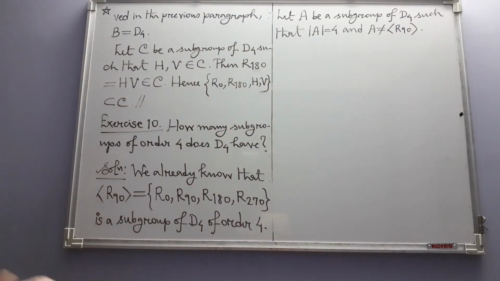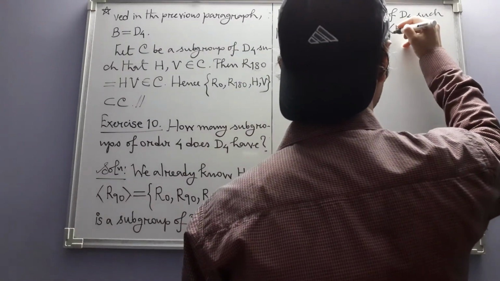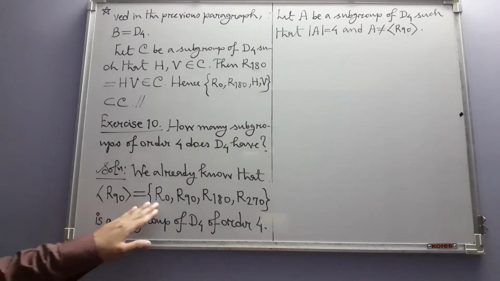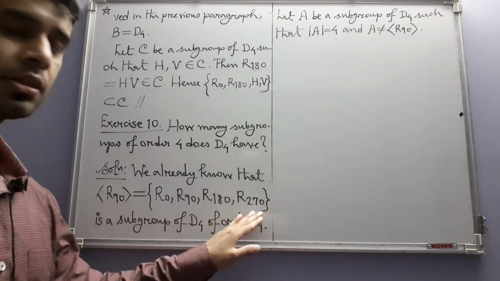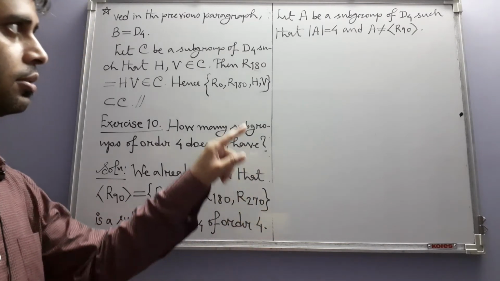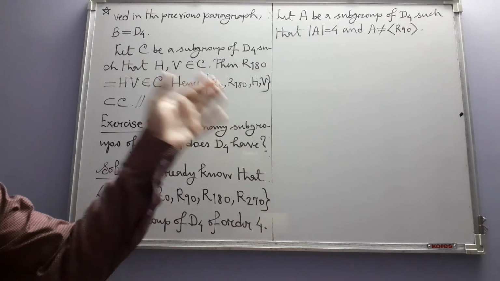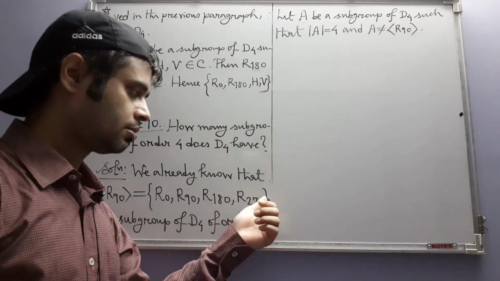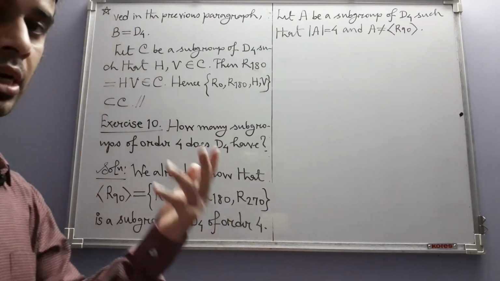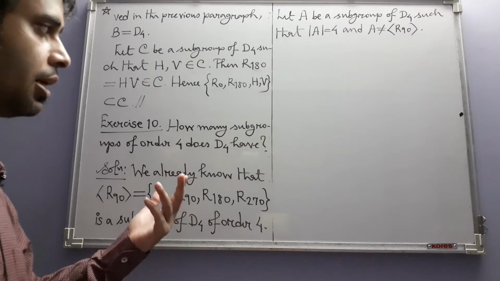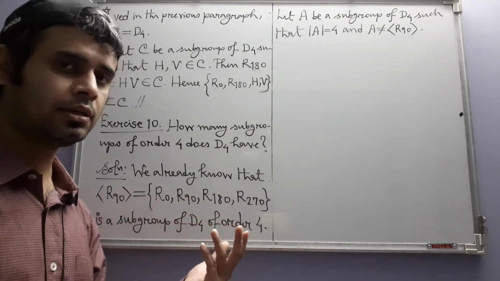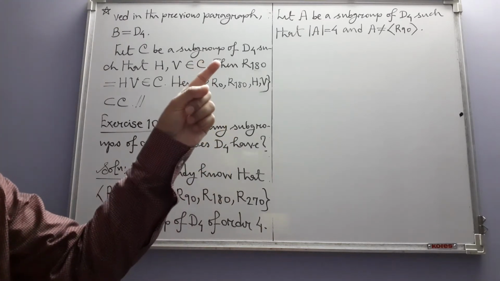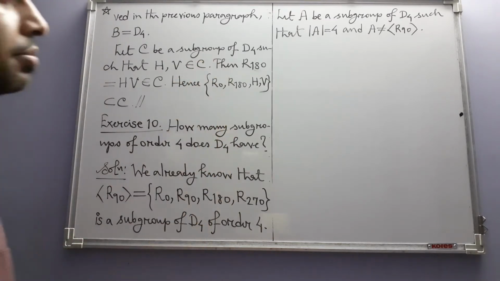Then what can A possibly be? Note that this cyclic subgroup consists of all the rotations. So if A has to be something different from this cyclic subgroup, then A must contain something other than a rotation. But since we are in a dihedral group, anything other than a rotation is a reflection. So that means A must contain a reflection.